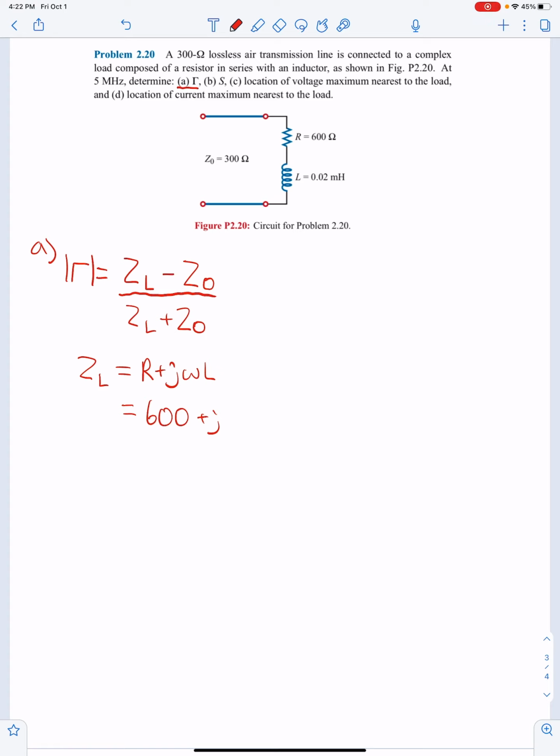and we see 5 megahertz, so we can use that for our frequency.